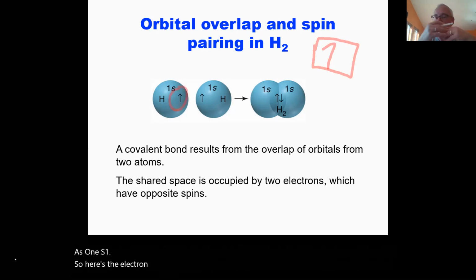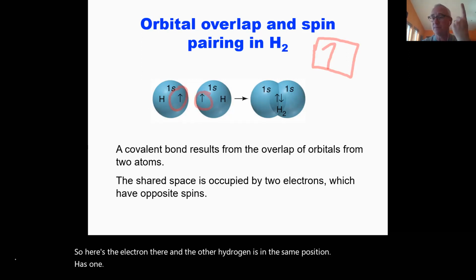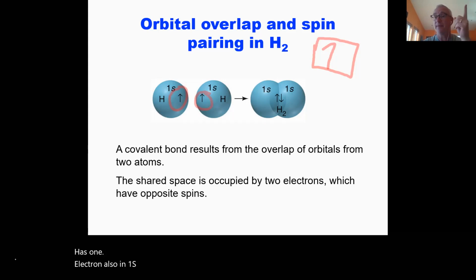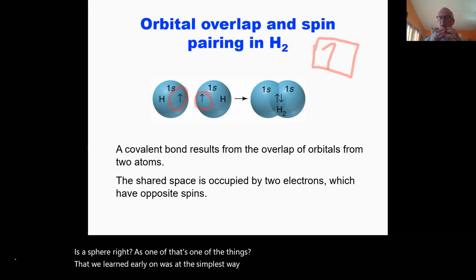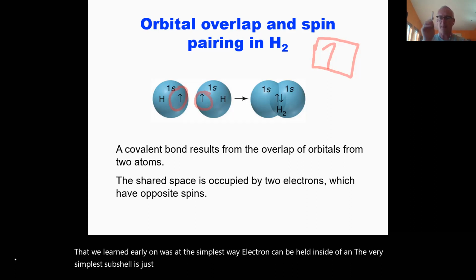And the other hydrogen is in the same position, has one electron, also in 1s1, both pointing up. Now, we know that the s subshell is a sphere, right? That's one of the things that we learned early on: the very simplest subshell is just a sphere. So the s orbital is basically like a circle that goes around the nucleus.